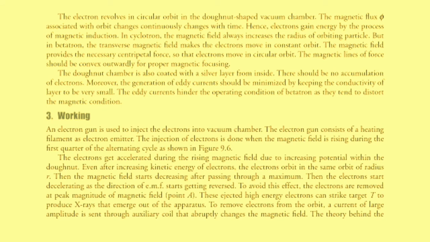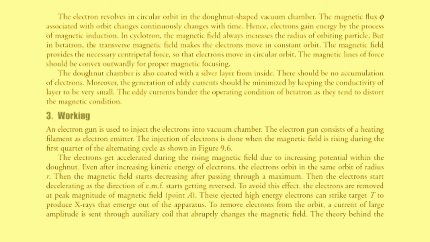The magnetic field provides the necessary centripetal force so that the electrons move in a circular orbit. For proper magnetic focusing, the magnetic lines of force should be convex outwardly.